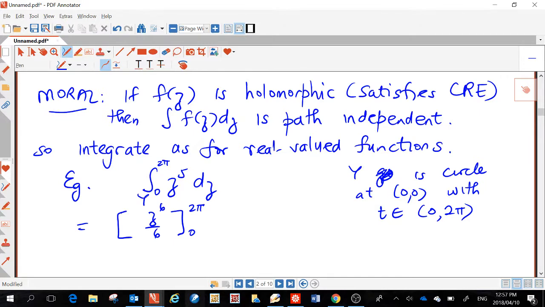The path it takes is immaterial. If you know the start and ending point, then the answer is 2 pi to the power 6 over 6, which is 64 pi to the power 6 over 6. So that's the answer. There's no i involved. It's a straightforward calculation. Any questions?